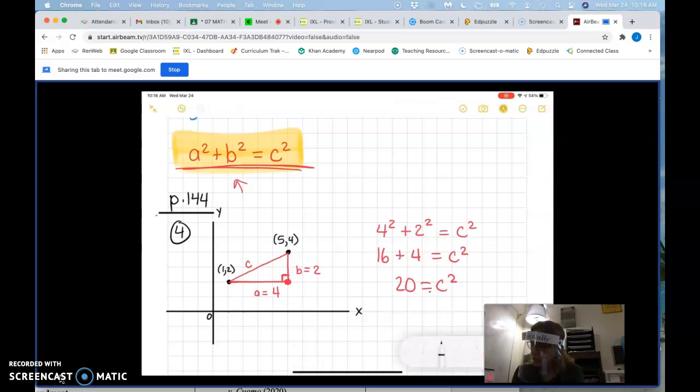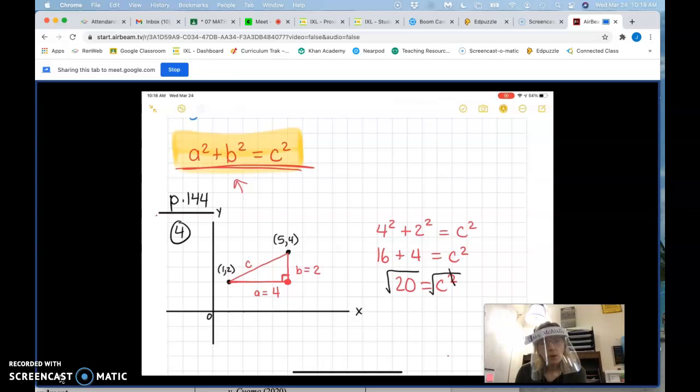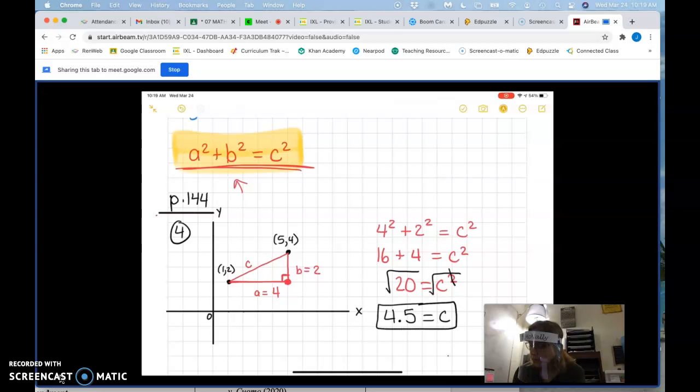She said we need to put the radical sign to get rid of the squared on the C. And whatever we do to one side, we have to do to the other, which is awesome, fantastic. So now Bella helped us with the square root of 20, which is 4.5 if we round to the nearest tenth. So the distance between those 2 points is 4.5.